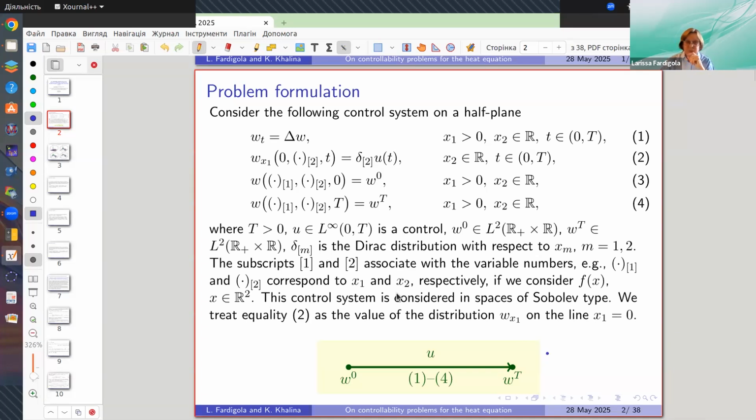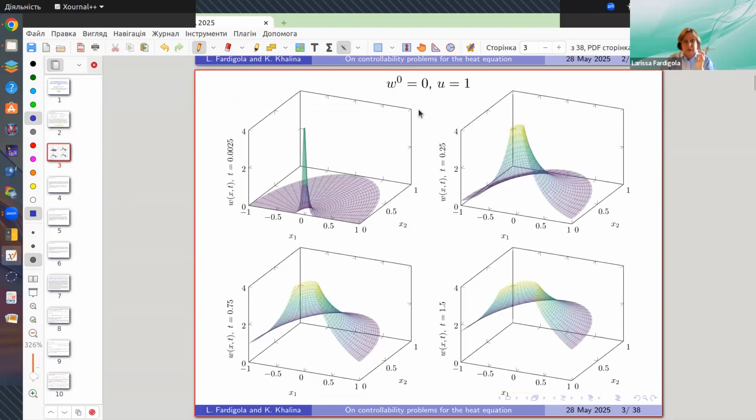If we try to imagine how the solution might look, we can see it in these pictures.